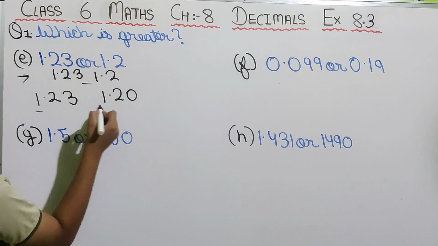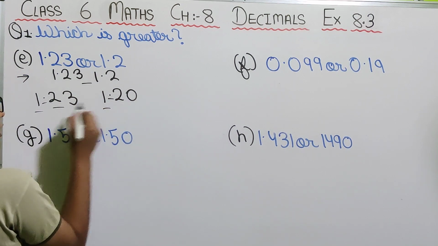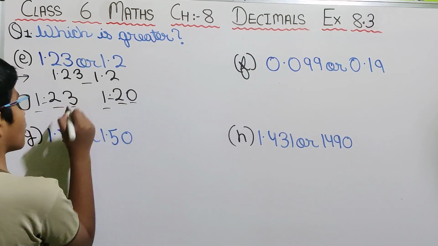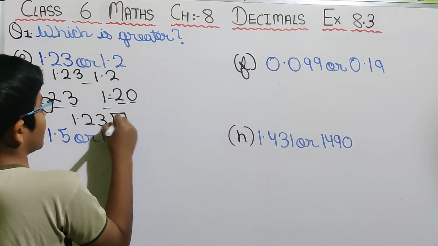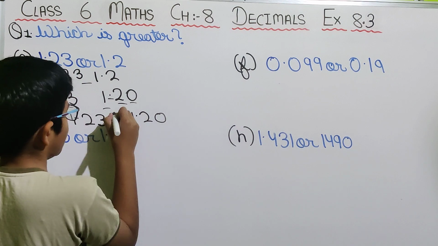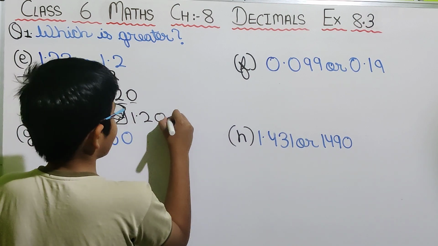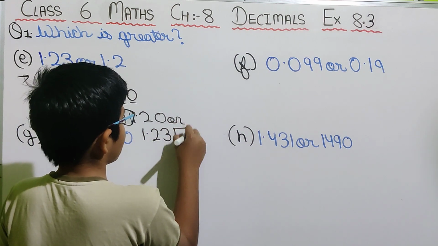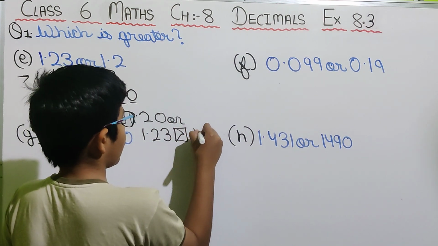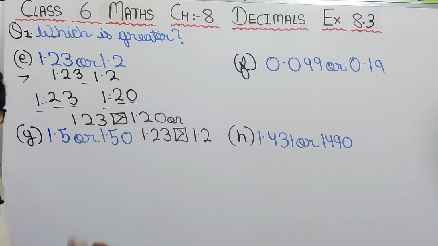Now we'll compare. One here also, here point, here 2, here 3 and here 0. Which is bigger? 3. So our correct answer is 1.23 is bigger than 1.2. Or we can write it like this also.